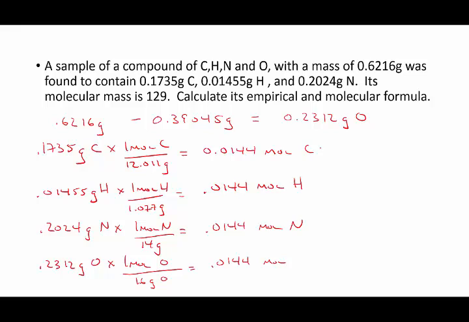So dividing each of these by 0.0144 moles will give us all subscripts of 1 in our empirical formula, which is very, very serendipitous. So our empirical formula is going to be CHNO. That is what the empirical formula is.